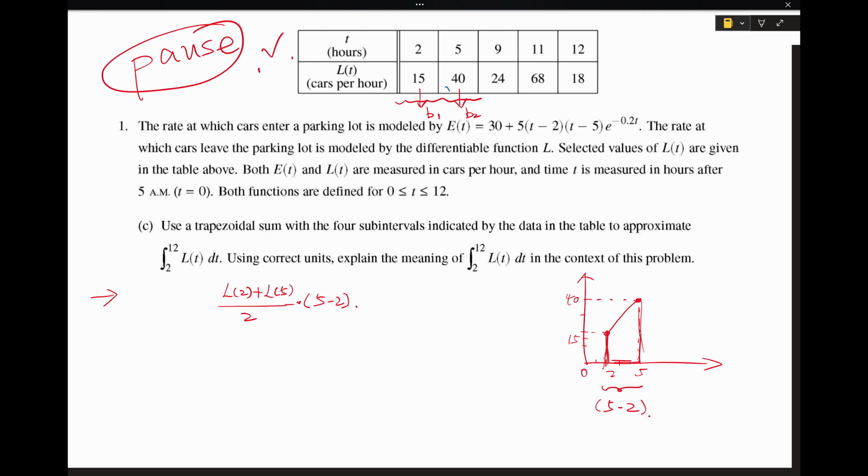And for all the remaining 3 trapezoids, they're almost the same. And then we're going to have the result of half of the sum of bases, which is L5 plus L9, times the height, 9 minus 5. And the next one.